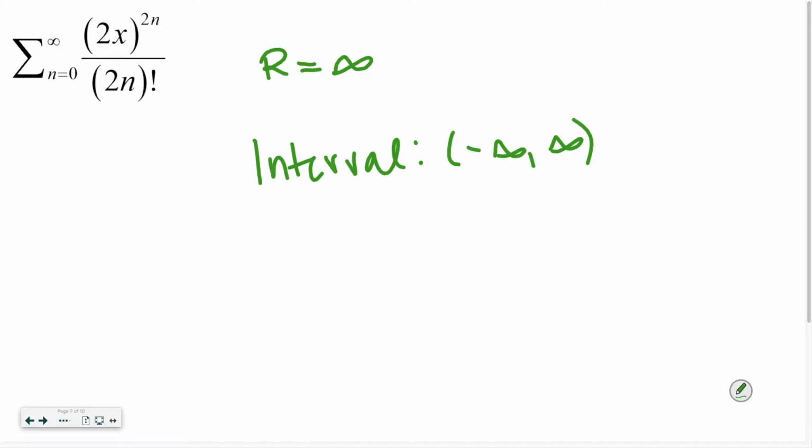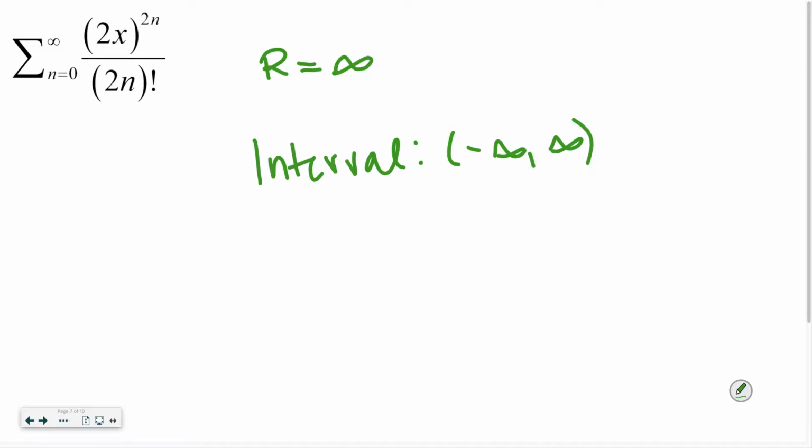No extra work. What would the limit of your ratio test need to be if you were going to only converge at the center? Infinity, because infinity is never less than 1. What if it's just a number greater than 1? Then it'll involve x, so you'll always be able to solve for it.